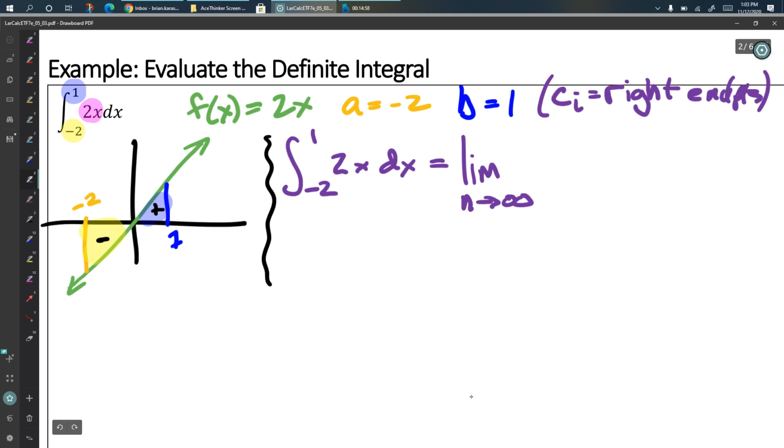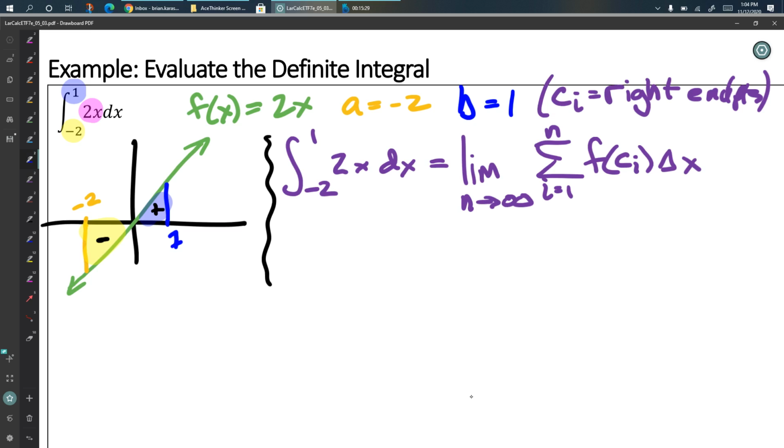And I'm going to use those right endpoints in my Riemann summation so that I don't have to worry about figuring out the partitioning. I'm going to force the partitions to be the same width, and because I'm forcing the partitions to be the same width, it'll make the math happen easier. Okay?